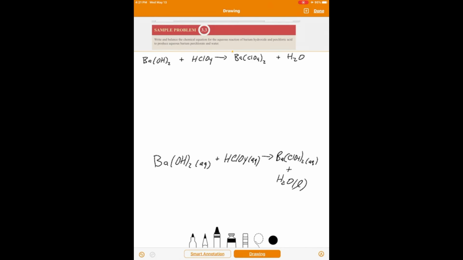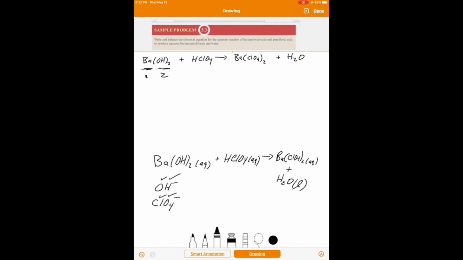Now, when you're dealing with polyatomic ions, it's not a bad idea to balance the polyatomic ions together. Meaning, instead of doing oxygen separate from hydrogen or chlorine separate from oxygen, do them as a group. So you can think about barium hydroxide as having one barium, but having two hydroxides.